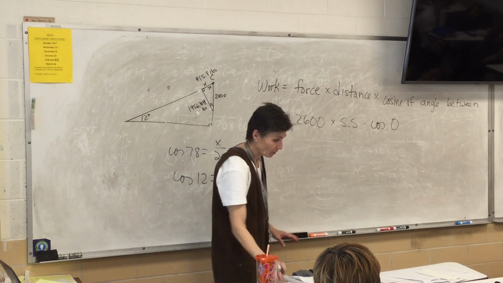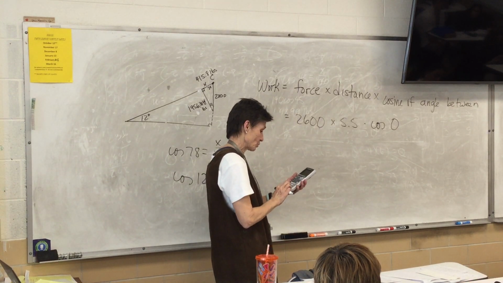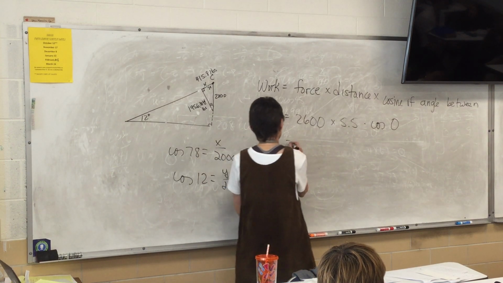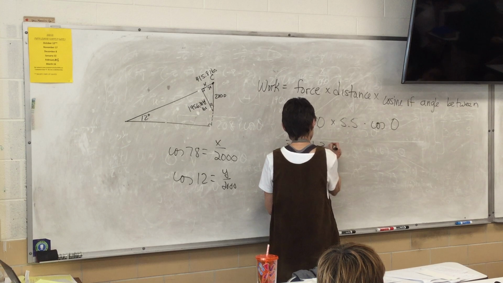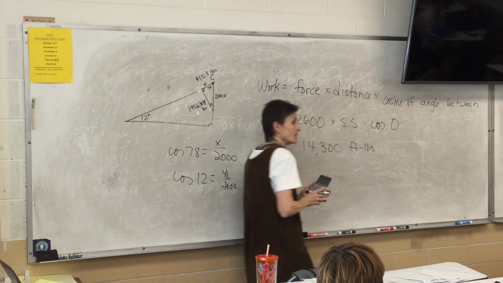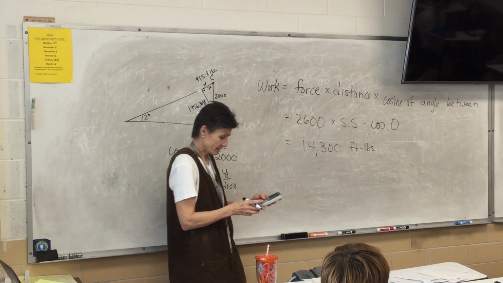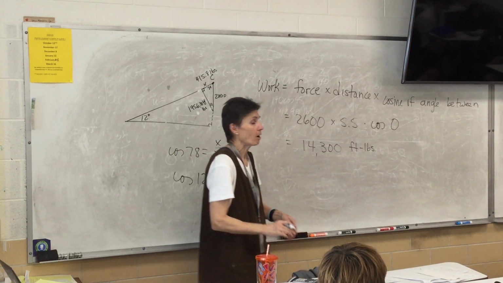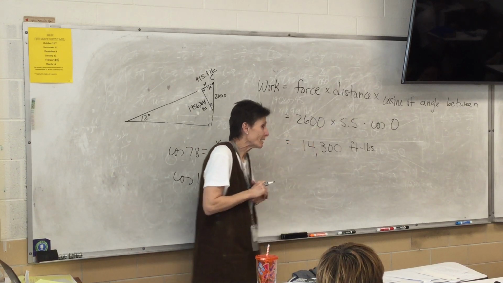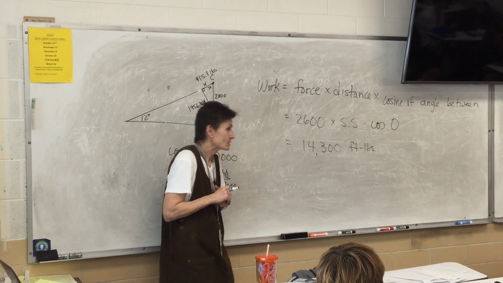So the amount of work done, real simple, 2,600 times 5.5. And believe it or not, there's a unit on that, and the unit is foot-pounds, because we lifted the car 5.5 feet, and it weighed 2,600 pounds.